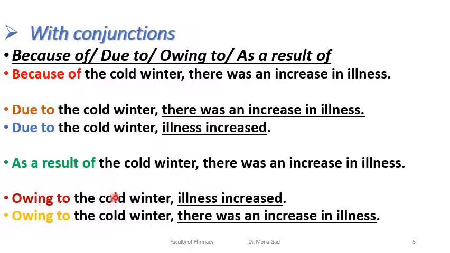Owing to the cold winter, illness increased. Again, we put the emphasis on the cause, which is the cold winter. So if you want to put the emphasis on the cause using a conjunction, we start with the conjunction, followed by the cause, and ending with the effect.